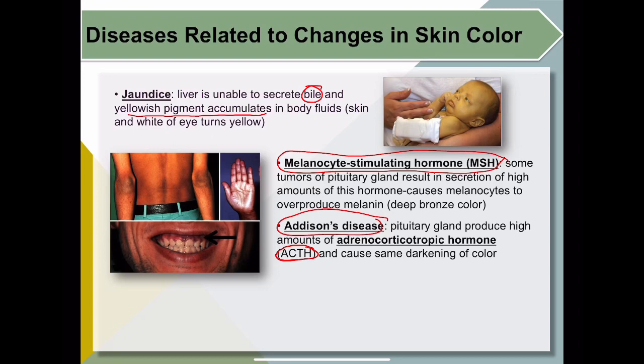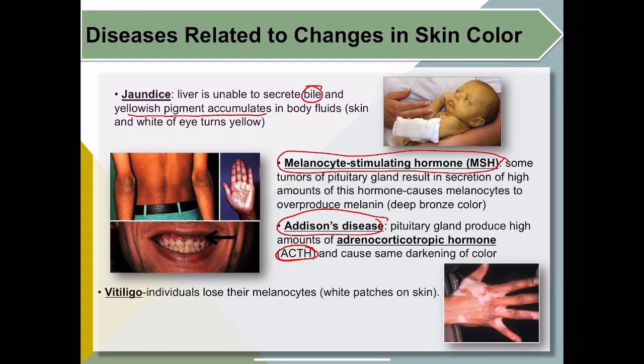It's because the adrenal glands are not functioning correctly, which then leads to your pituitary gland falsely overproducing ACTH, which ends up with the same effect as when your pituitary gland has cancer cells in it. So that's why that would also end up with that same bronze color.